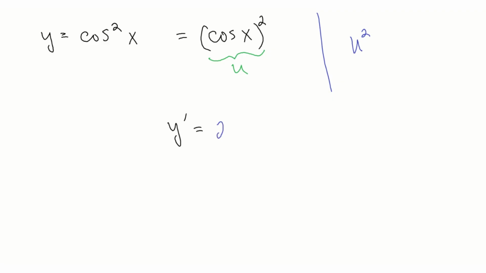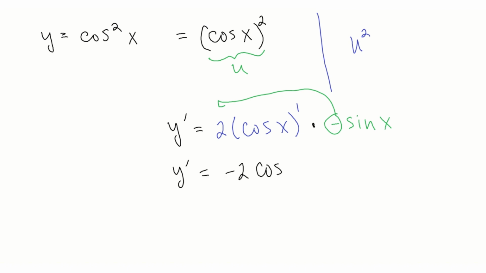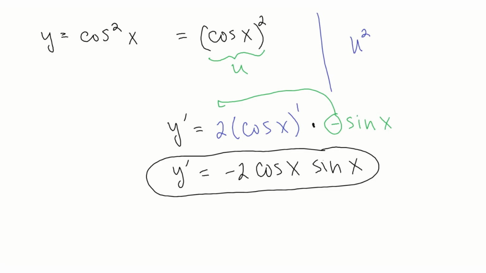Bring the exponent down, leave the inside alone, and reduce the exponent by 1. Now multiply by the derivative of the inside function. The derivative of cosine is negative sine. Let's bring this negative out to the front. And there's our answer.